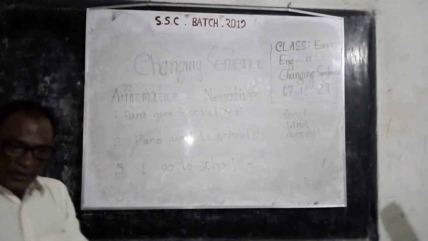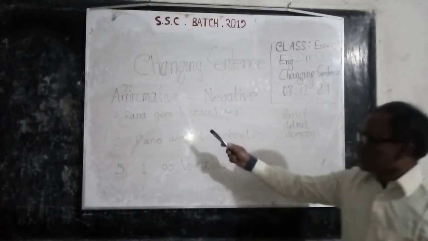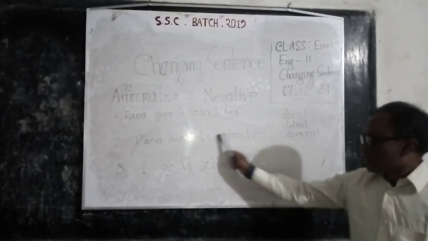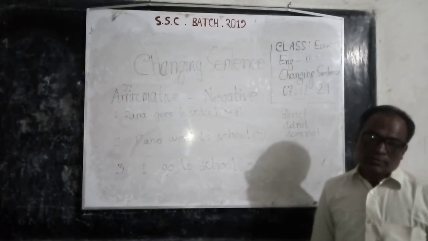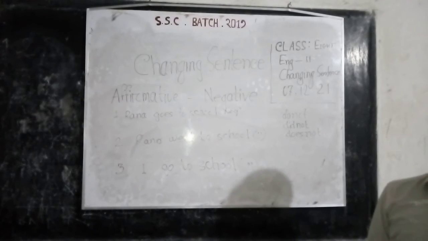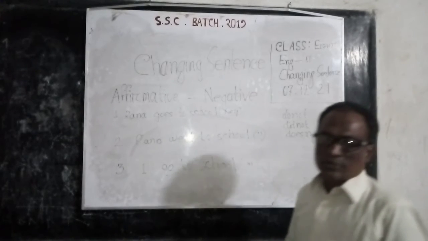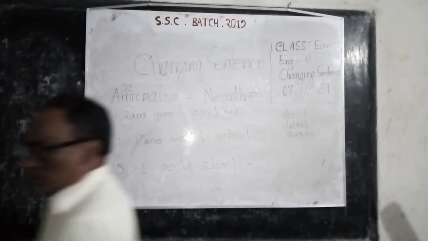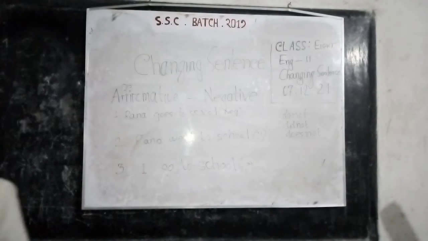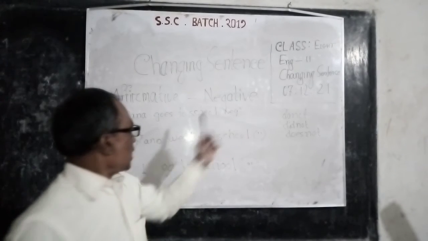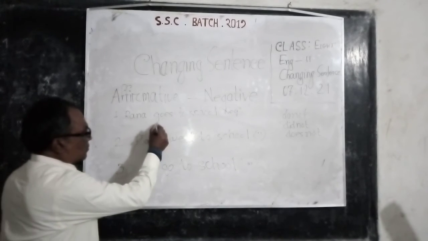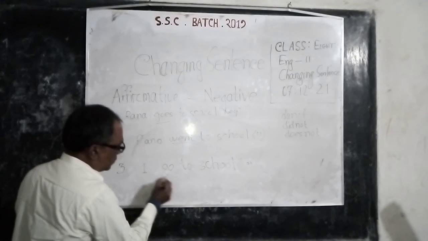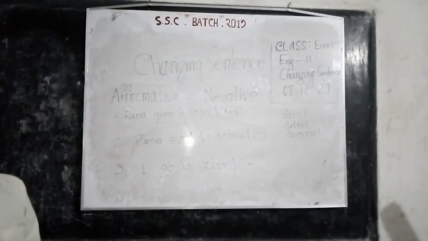My dear student, look at the blackboard and follow these 3 sentences. Rana goes to school, Rana went to school, I go to school. In these 3 sentences, there is no auxiliary verb. That means there is no am, is, are, was, have, had. Then what do I do to make it negative? According to the verb, we use do not, did not, does not.